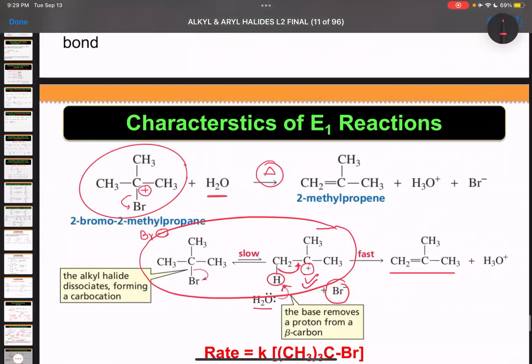Okay, that is E1. Actually, in alcohols and ethers, if you have studied in CBSE, the acid catalyzed dehydration of alcohols is actually E1 elimination.